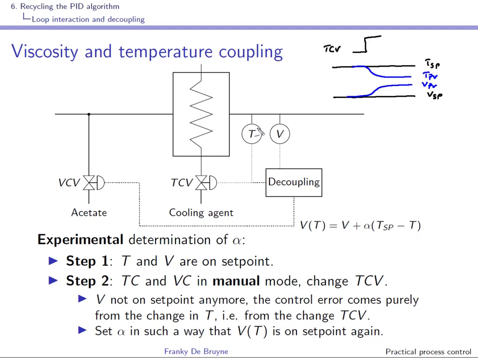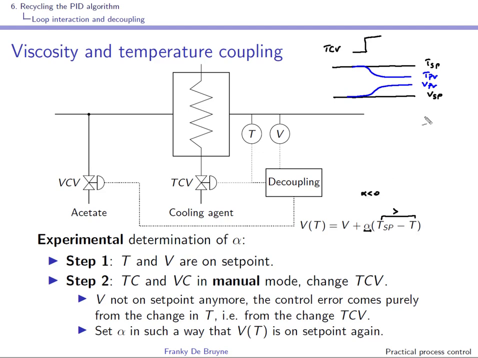So what we can do is adjust alpha. And it's obvious that alpha will be negative here, because this one here, as you can see, is positive, and we have to decrease the viscosity, so alpha here will be smaller than 0.